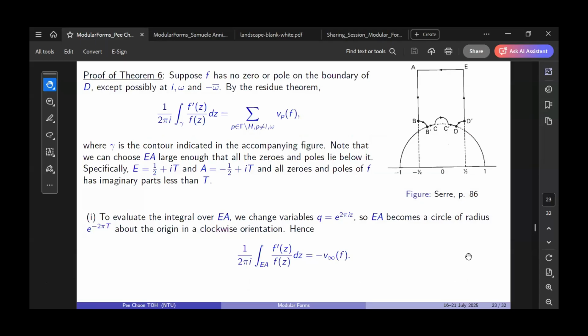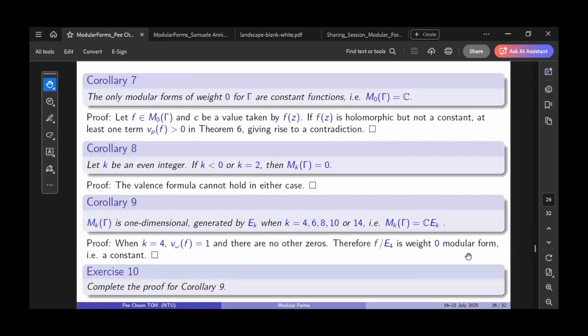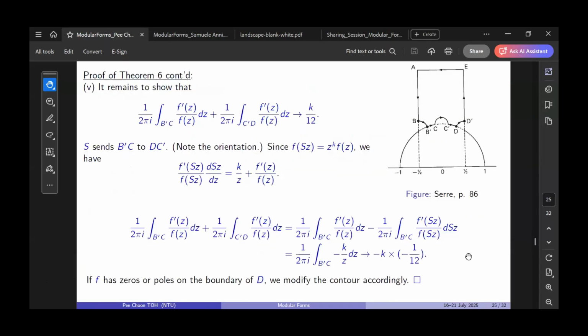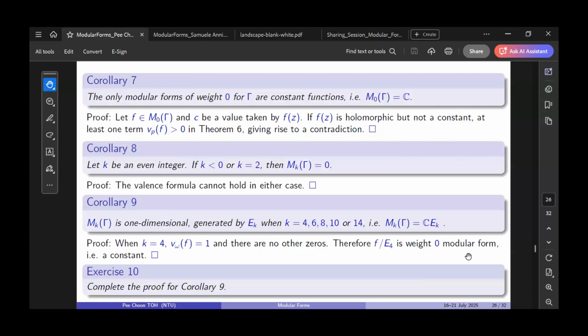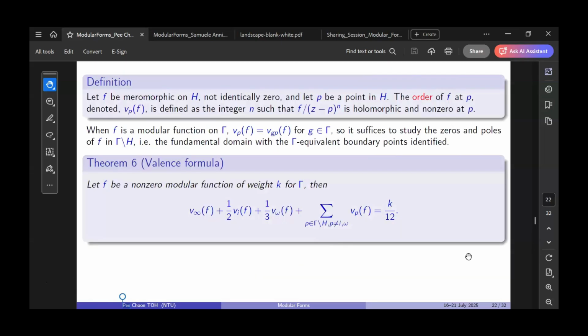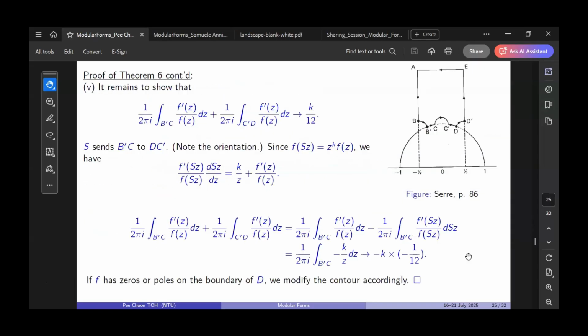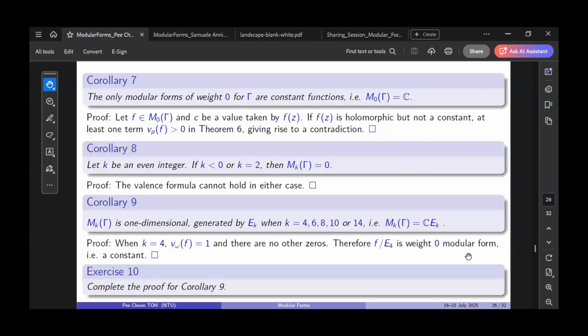But basically, you can read it in the slide here. So, using this valence formula, we can actually prove this corollary.